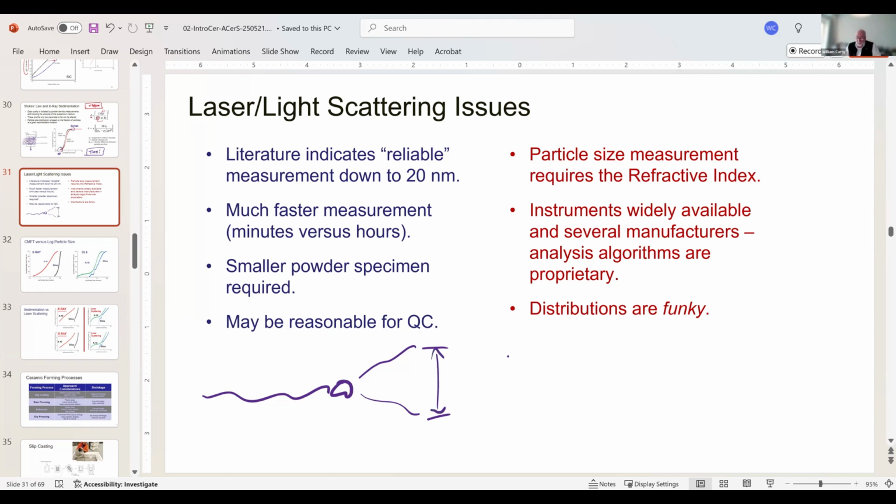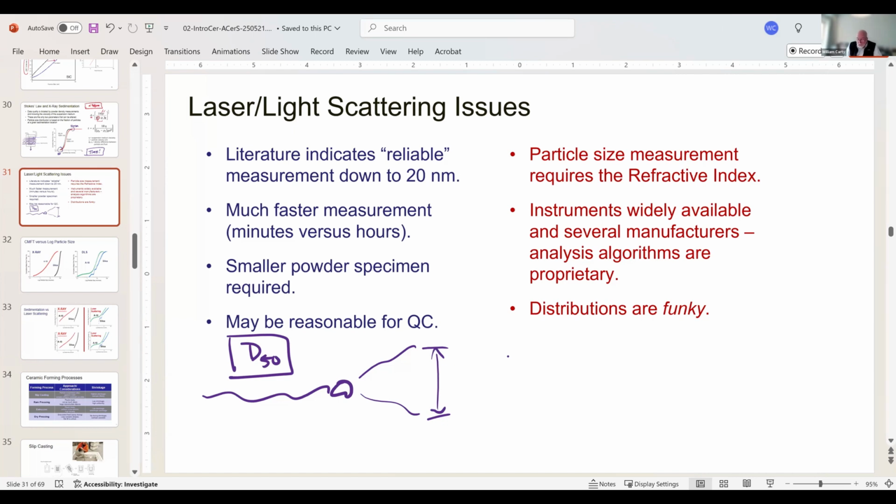Very broad spectrum, very broad view. Very small specimen necessary. That's great. Maybe reasonable for QC applications only. Why? Because you're probably only interested in a D50, and this technique will probably give you a reliable D50.